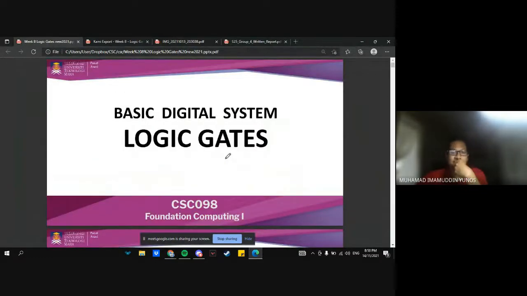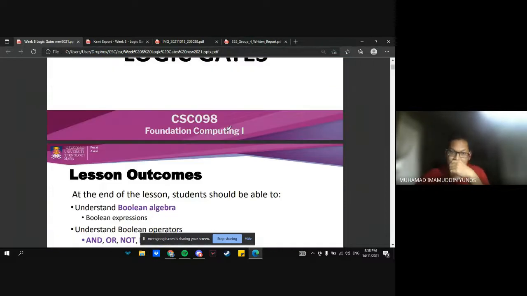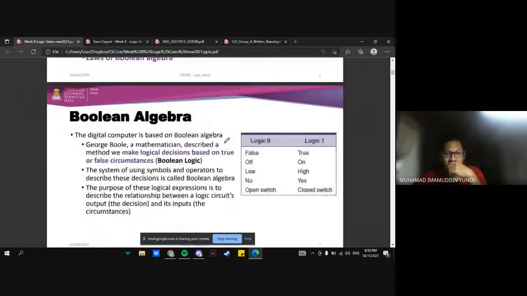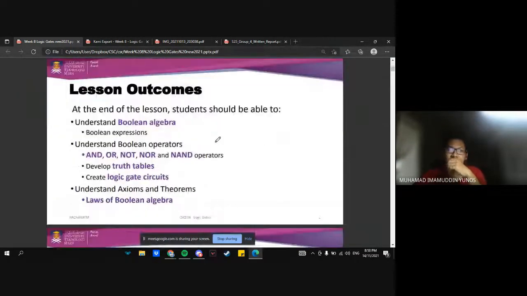Logic gates. In this topic, by the end of the lesson, we will be able to understand Boolean algebra, Boolean operators, and axioms and theorems.